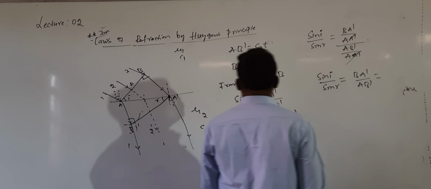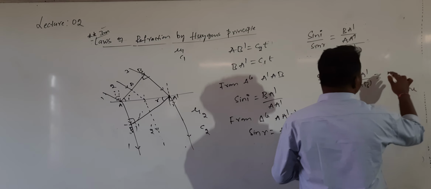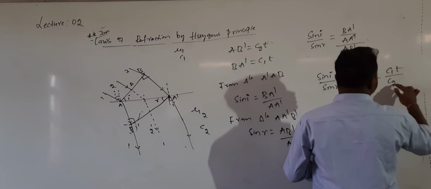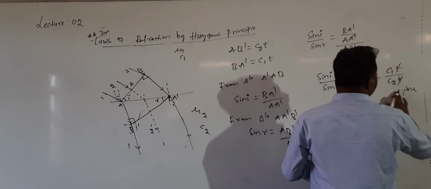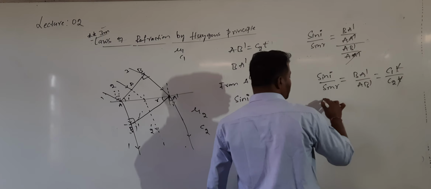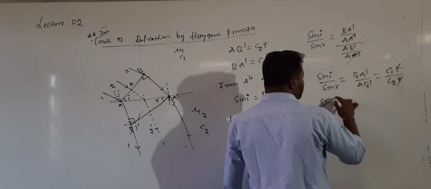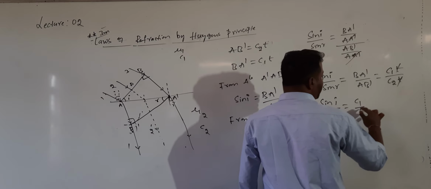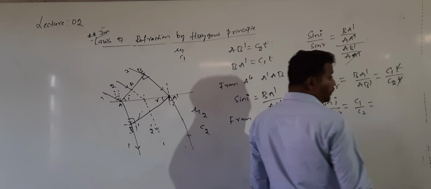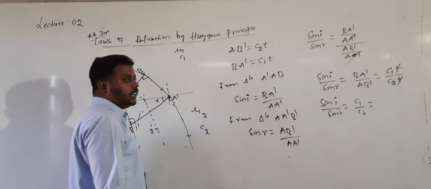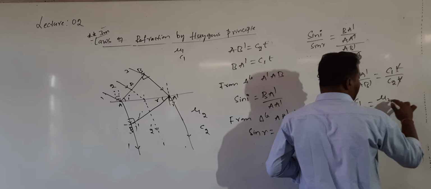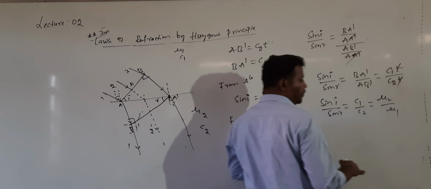So what is the value of B A dash? That is C1 into t, divided by A B dash, which is C2 into t. The t cancels. So then sin i by sin r is equal to C1 by C2. But we know that refractive index is inversely proportional to velocity, so this can be written as mu2 by mu1.